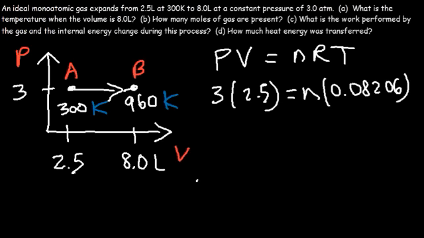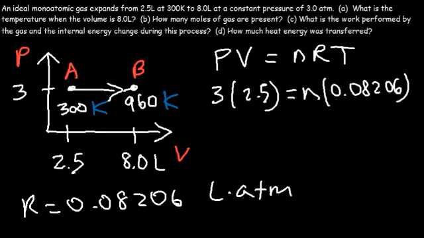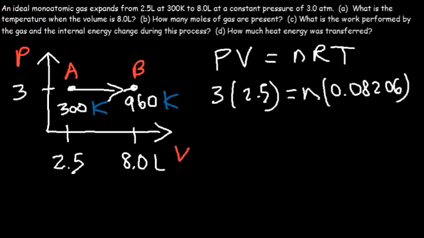Now the other R value, which is the one that we're using, 0.08206, has the units liters times atm divided by moles times Kelvin. And since the pressure is in atm and the volume is in liters, this is the R value that we want to use in this equation.